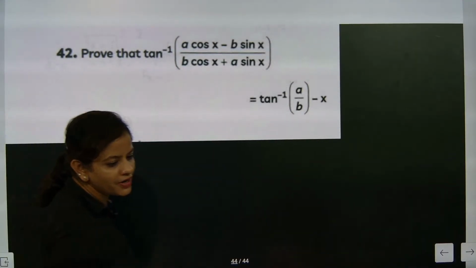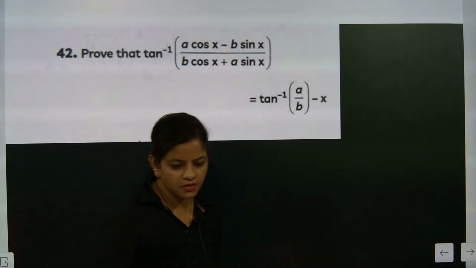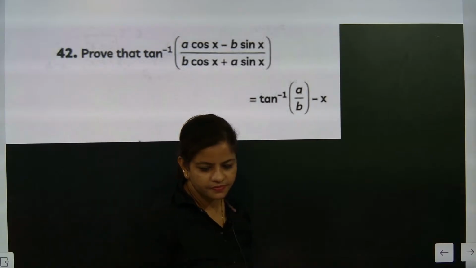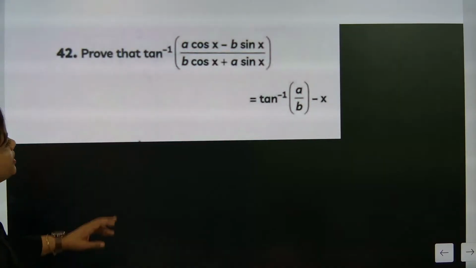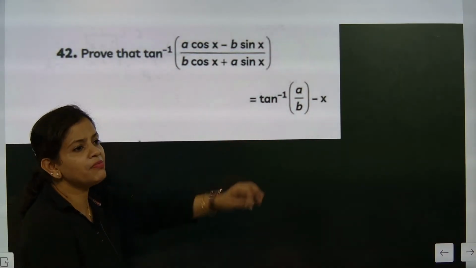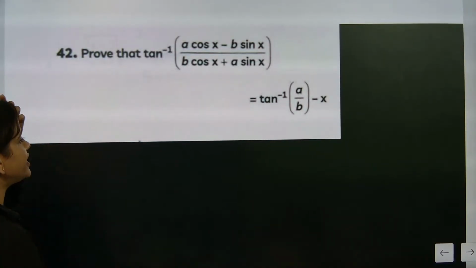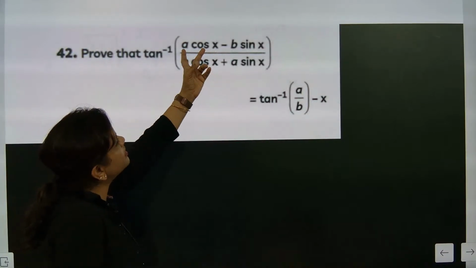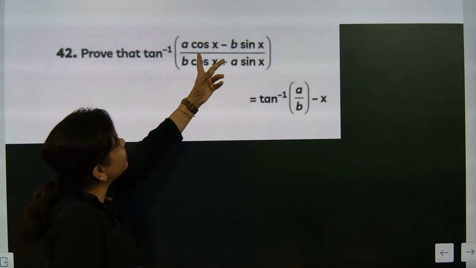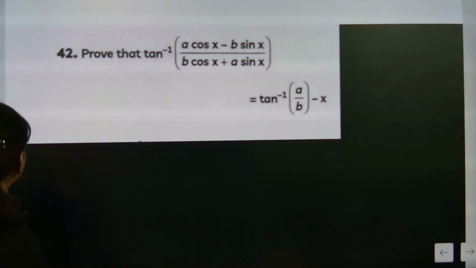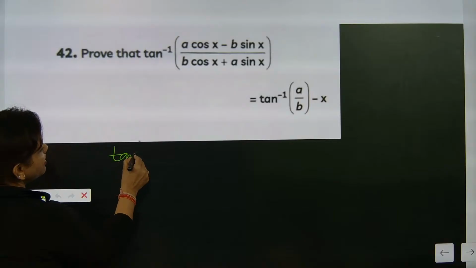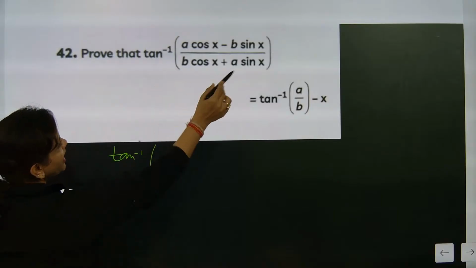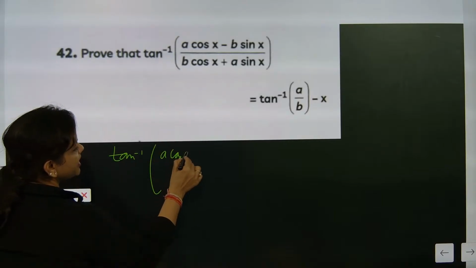Now you have to do only one thing. Here tan inverse of A by B minus x is there. Listen everybody carefully. Here, what are you going to divide this by? Check. If you are solving this question, you divide the entire section by A cos x.